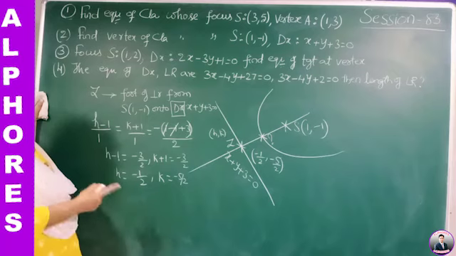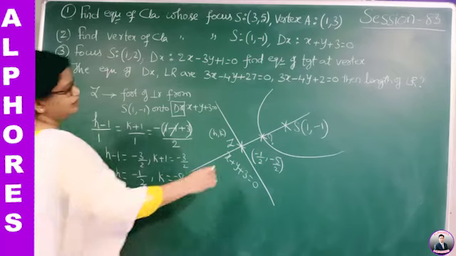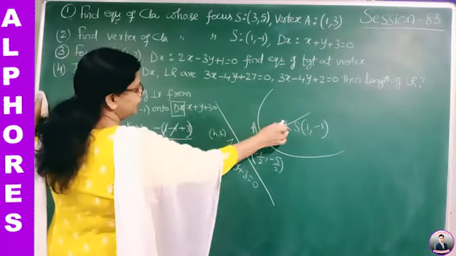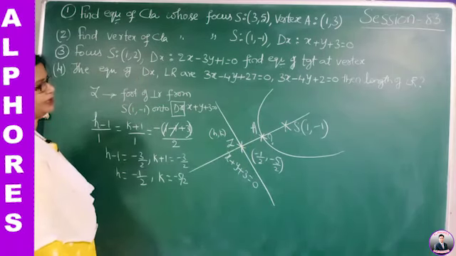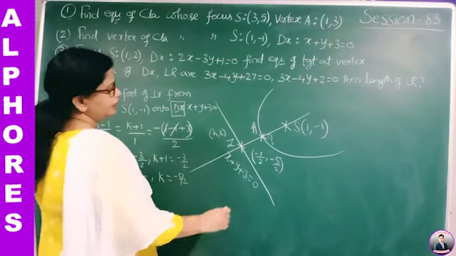Once you know these Z coordinates, the vertex is exactly the midpoint of S and Z. So what is the midpoint formula here?